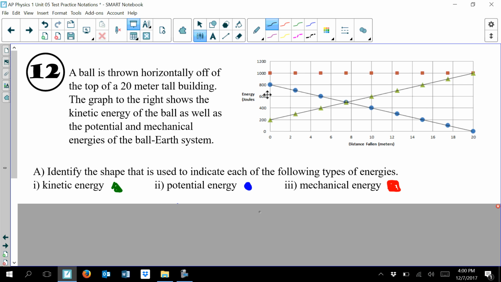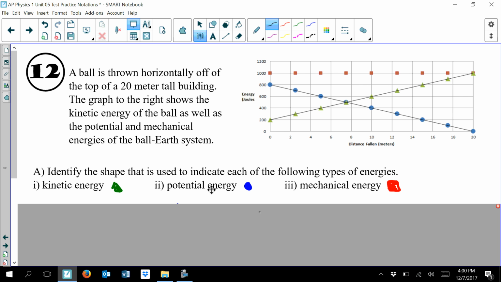If we take a look at this graph, first we want to identify each of the following energies based on what shape they've been given. Because we have a situation where we don't have any change in total mechanical energy. There's no non-conservative forces. It's just gravity. That means that this constant line has to be the mechanical energy, that red square.